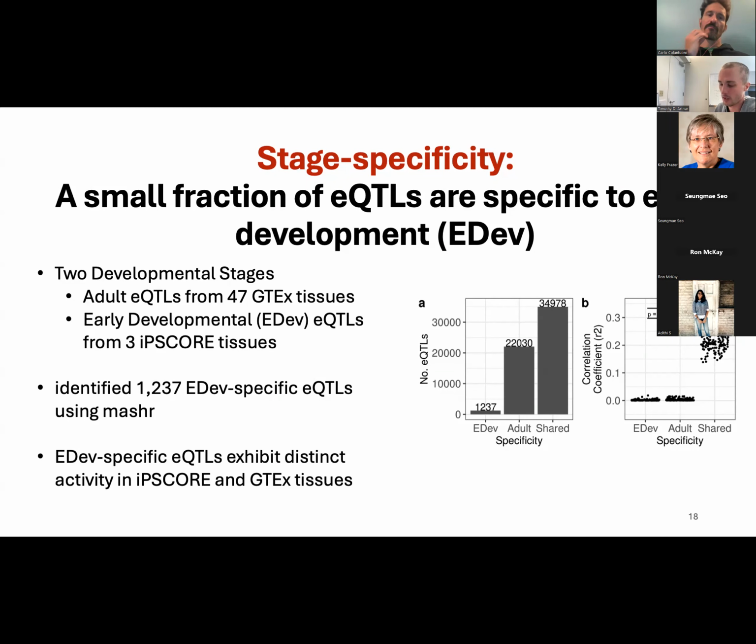And we saw that EDEV-specific eGenes tended to have higher constraint, therefore might tolerate regulatory variation with smaller effects. But that was something that didn't fly with reviewer number 3 or 4 or whatever. So we've actually taken that out of the paper, and we're still trying to reconcile this with what was observed in that paper. I don't know, Kelly, do you have any insight?